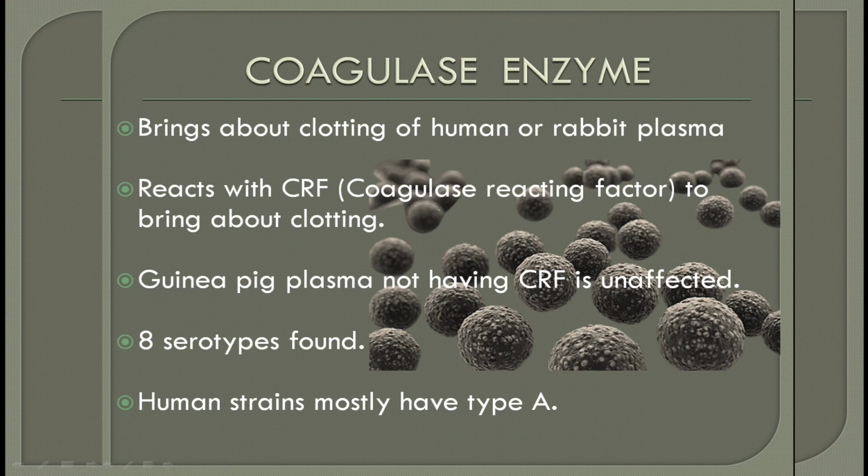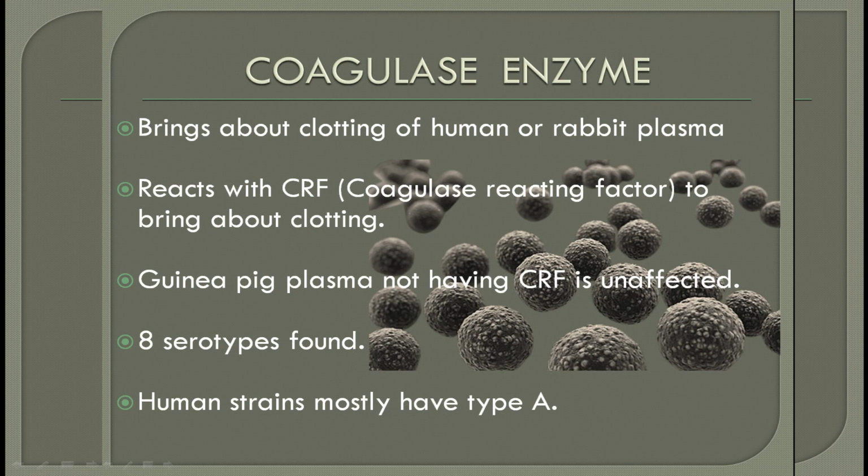Coagulase reacting factor is a protein, obviously. Like the millions of proteins and peptides present in our plasma, CRF is one of them. With this CRF reacts the coagulase enzyme, which belongs to the bacteria. Coagulase enzyme is not an enzyme in us or in the rabbits. It is an enzyme secreted by the bacteria, in this case staphylococcal bacteria.